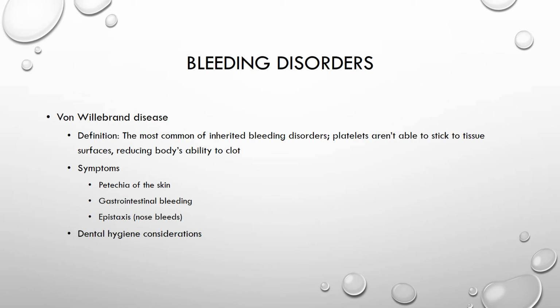Symptoms can be petechiae, GI bleeds, epistaxis, which is spontaneous nosebleeds. You need to find out what the patient's blood platelet levels are and consult with the physician about what else might need to be done.